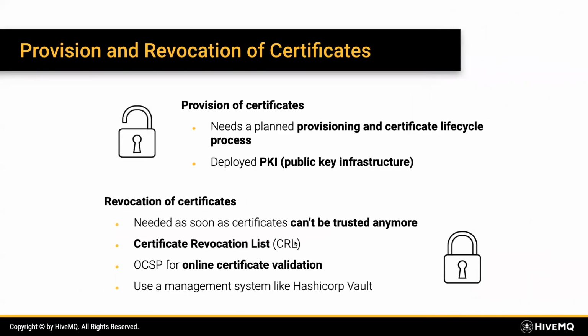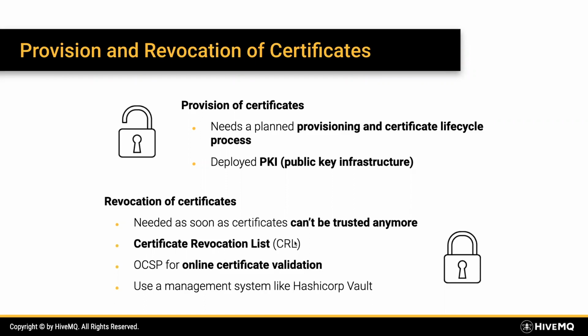But it has some challenges. And the most significant one in the IoT use case is the provisioning and revocation of certificates. So TLS relies on a certificate infrastructure. And when this certificate infrastructure has itself a breach, we get into trouble. And there are some ways to deal with that. The first one, of course, don't lose your certificates.